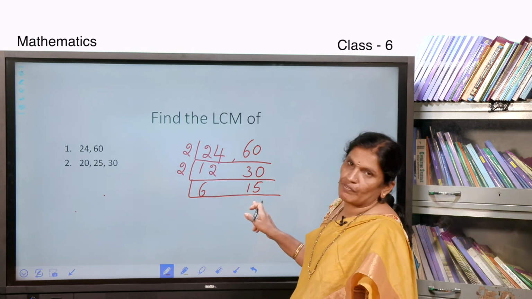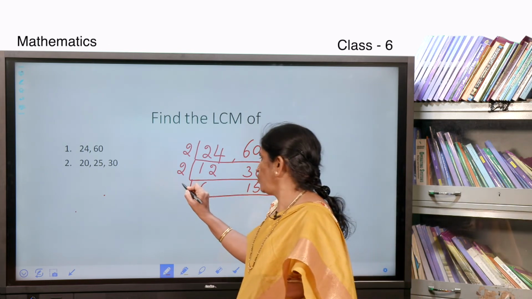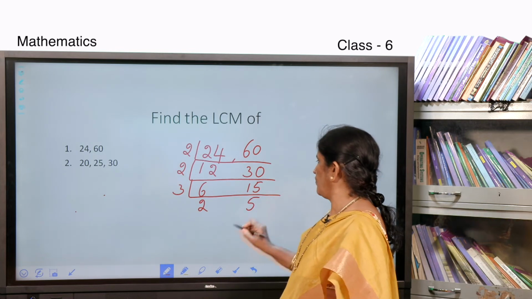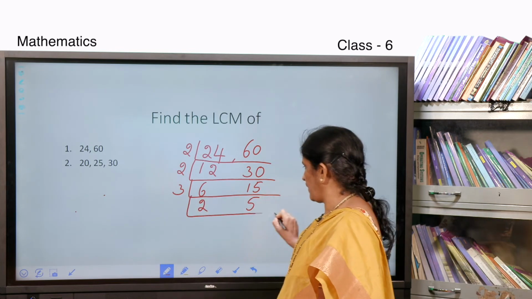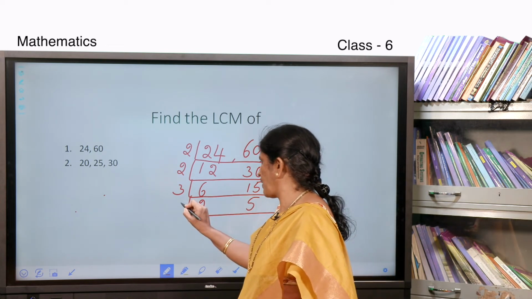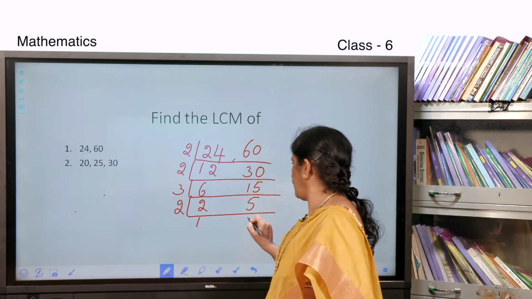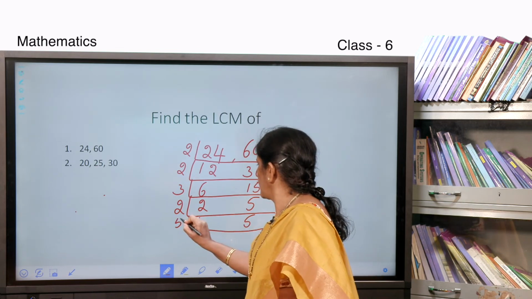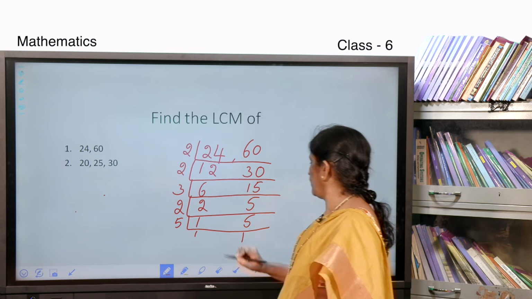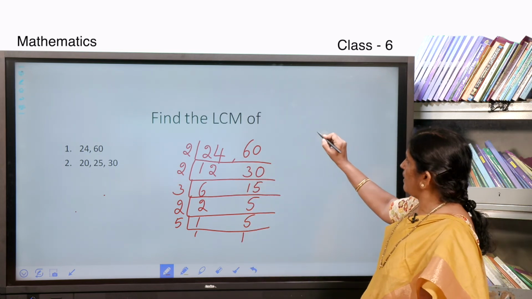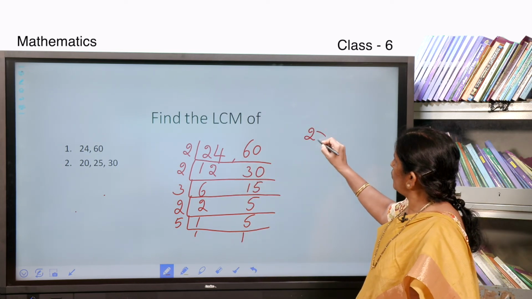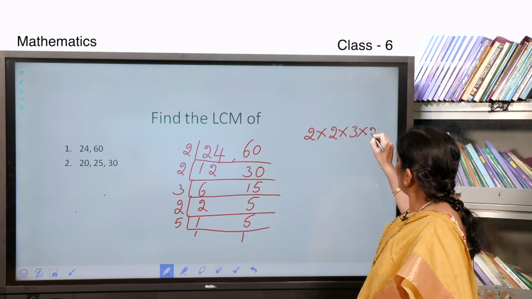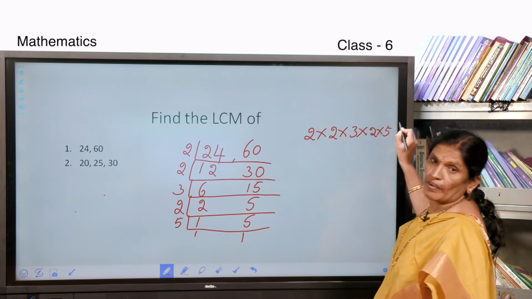Again 6 and 15 we can divide by 3. So, 3 2s are 6, 3 5s are 15. We can stop here as 2 and 5 are prime numbers. 5 as it is. 1, 1.